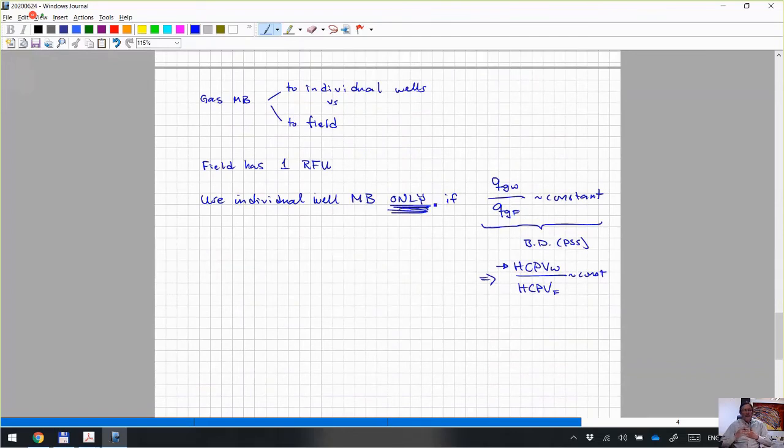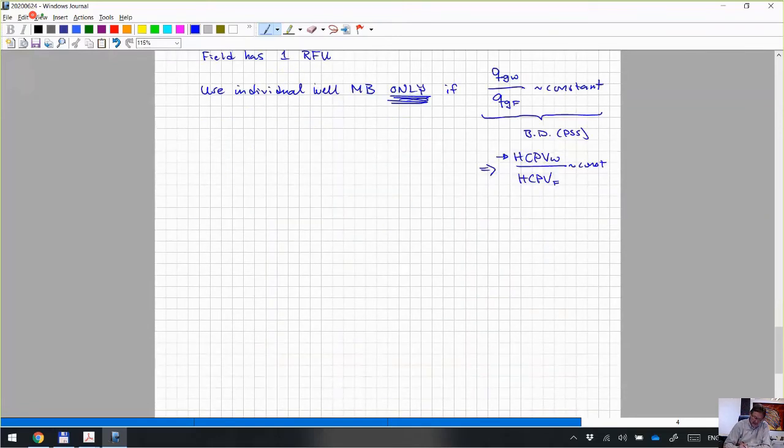In general, the gas material balance, or really any material balance, applies only to a single, what I call reservoir flow unit. It's bounded, it's not connected to other reservoir flow units. It only applies to that one bounded reservoir flow unit, okay?